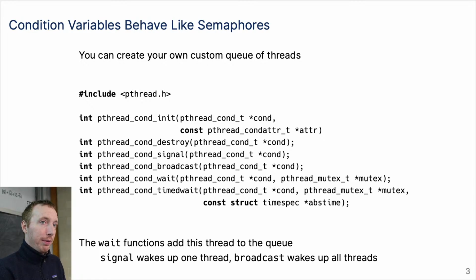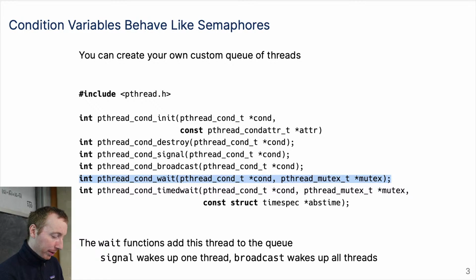It's in the pthread library, so if you include pthreads, you can use mutexes, condition variables, threads, all that fun stuff. They have the init method that we're used to seeing, the destroy method that we're used to seeing, and then signal, which will wake up a thread on that queue, and we'll see how this works shortly. Then broadcast, which wakes up any threads on that queue, that we don't really have to worry about. Then there is wait, that takes the condition variable, and it must be paired with a mutex.